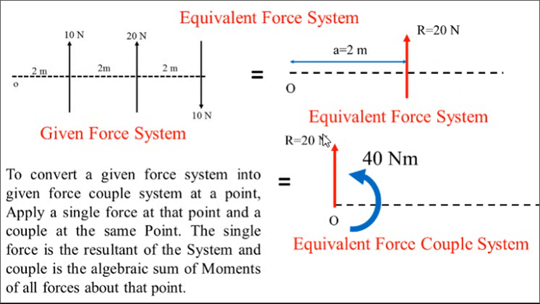So I will show that force there, 20 Newton, and show the clockwise moment. In this way, convert a given system into a force couple system at a point: apply a single force at that point and a couple at the same point. The single force is the resultant of the force system and the couple is the algebraic sum of the moments of all the forces about the point.